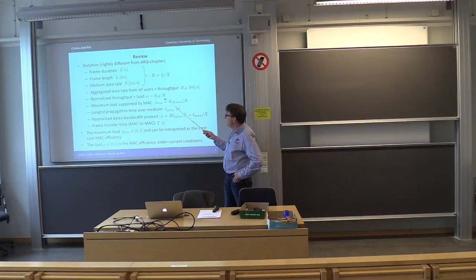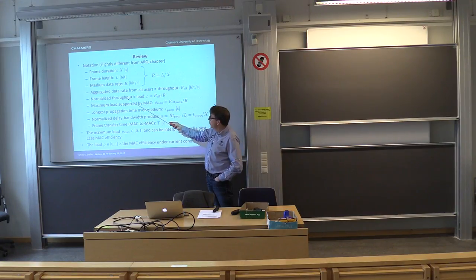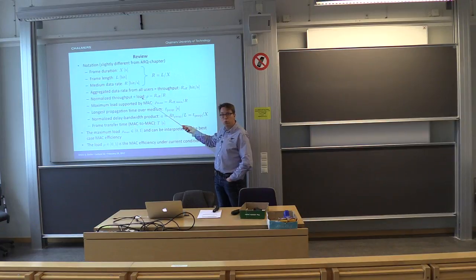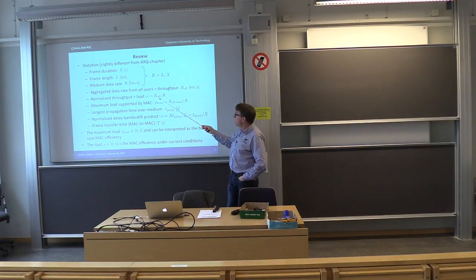The ratio between these two is called normalized throughput, or we can think of that as the load also. Load in the sense that when the effective rate from all the users is increasing, getting closer to R, we are getting closer and closer to the maximum capacity of the medium.